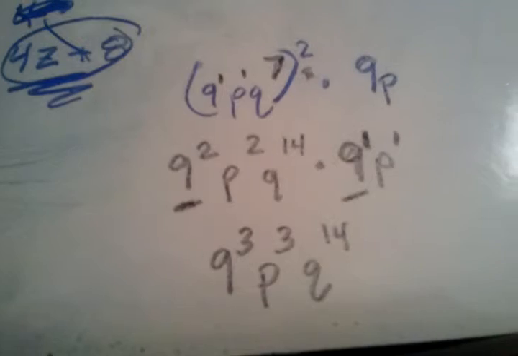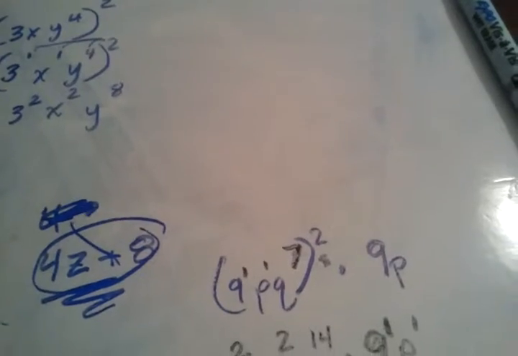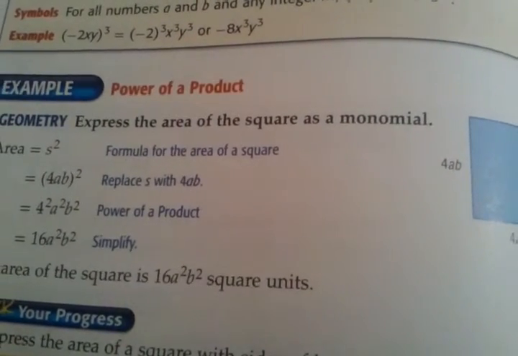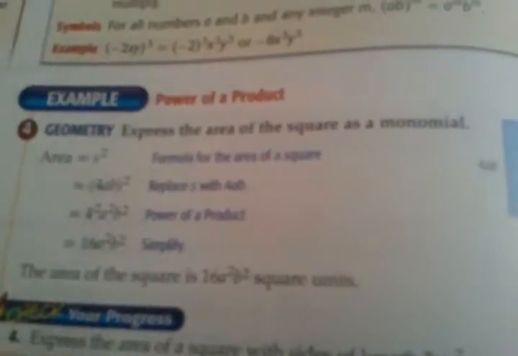Here's what I want you to do. In your books on page 360, I'm not going to show you how to do this because I want you guys to read. They have on here, express the area of the square as a monomial. This is on page 360.